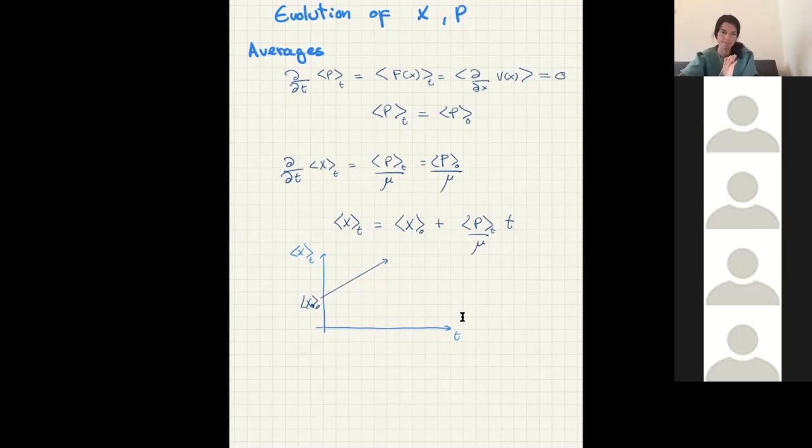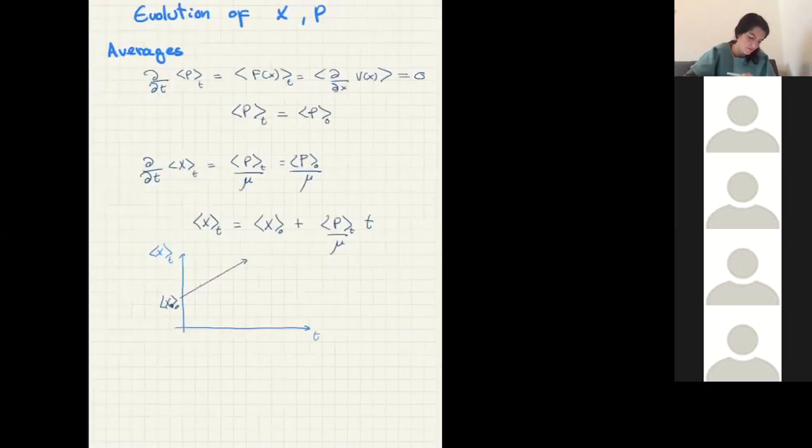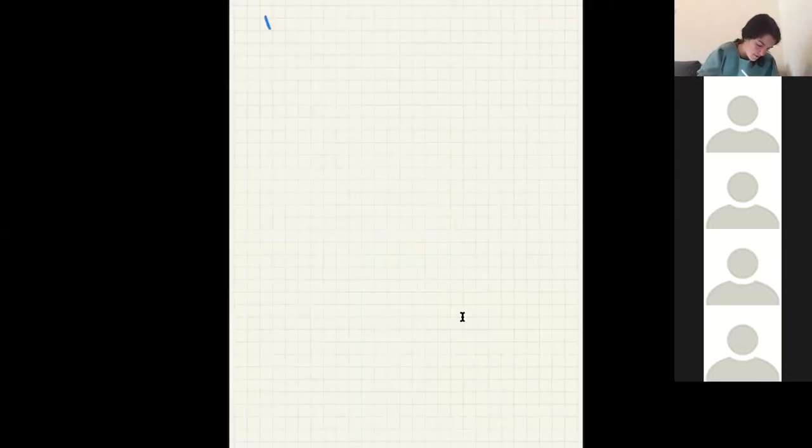But now let's look at what happens to the variance. And here it's going to become a bit more complicated. So now let's do it on the next page. And remember, what's the definition of variance?